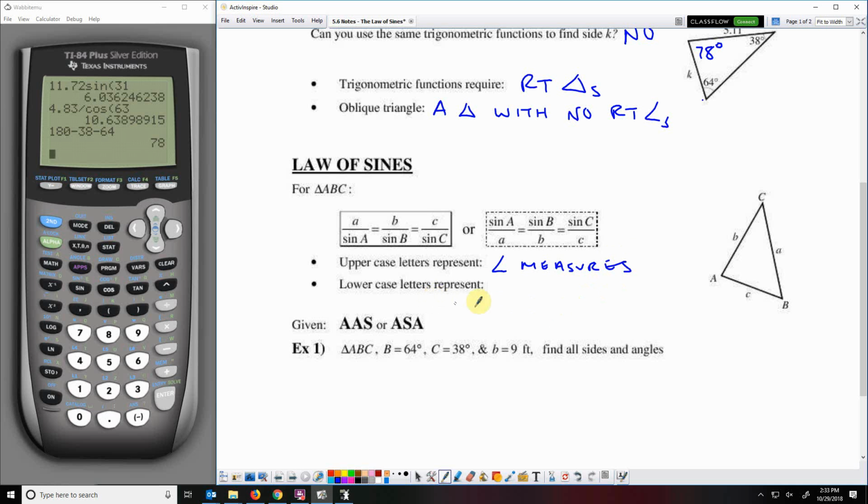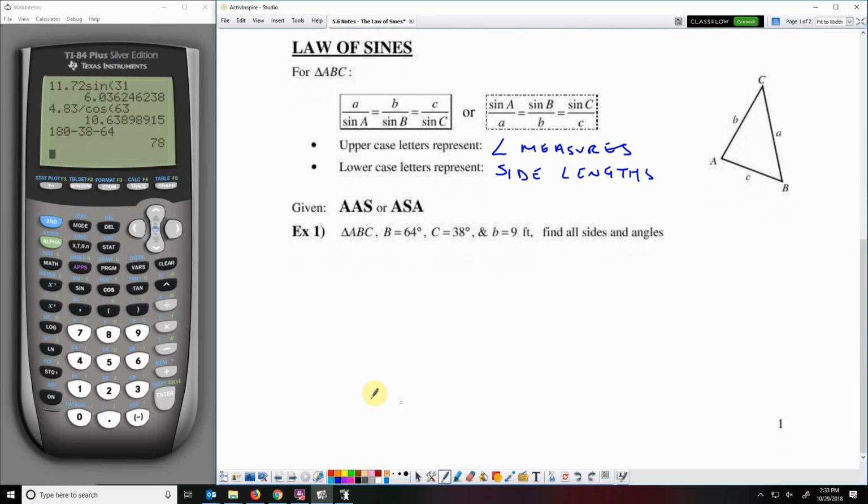The lowercase letters are side lengths. Okay? And that can be used anytime we are given angle, angle, side, or angle, side, angle, which really, what that's telling us is that we've got to have 2 angles and 1 side. Okay? Anytime we've got 2 angles and 1 side, we can use the law of sines.